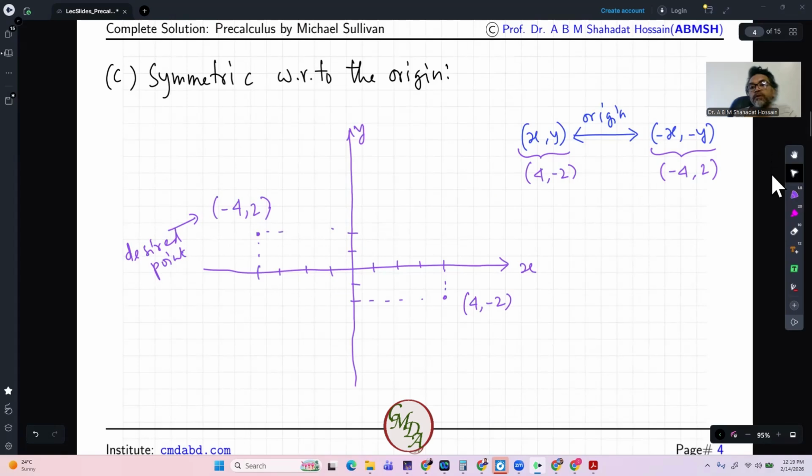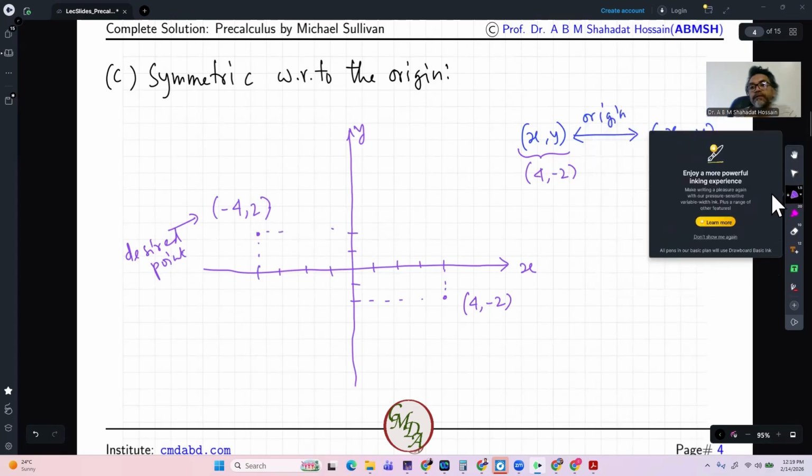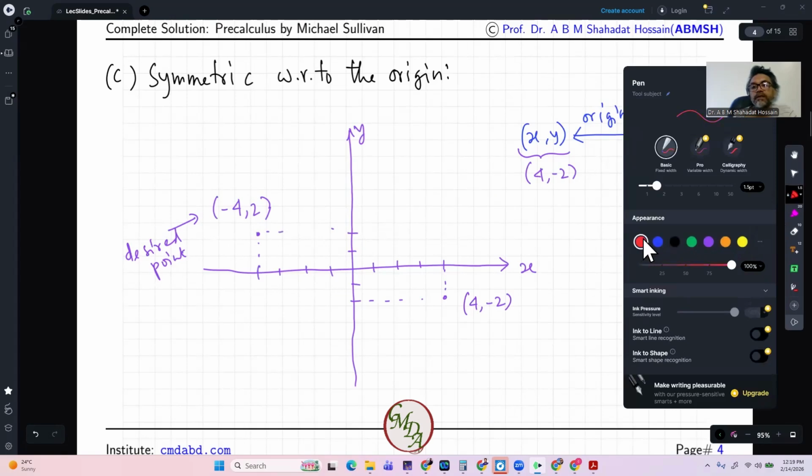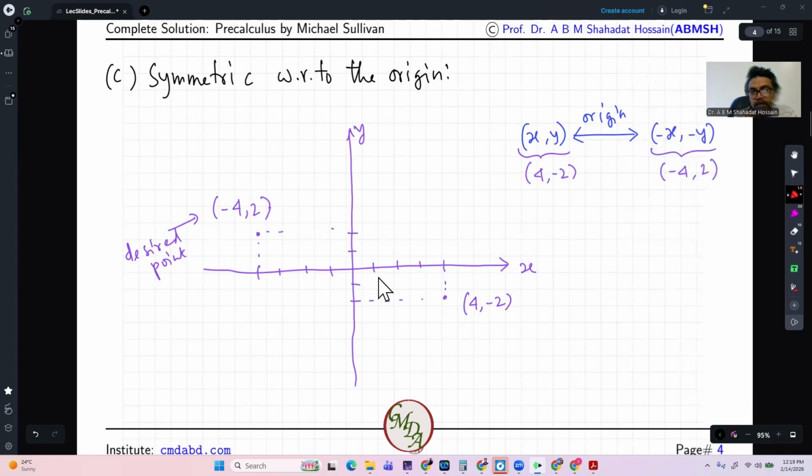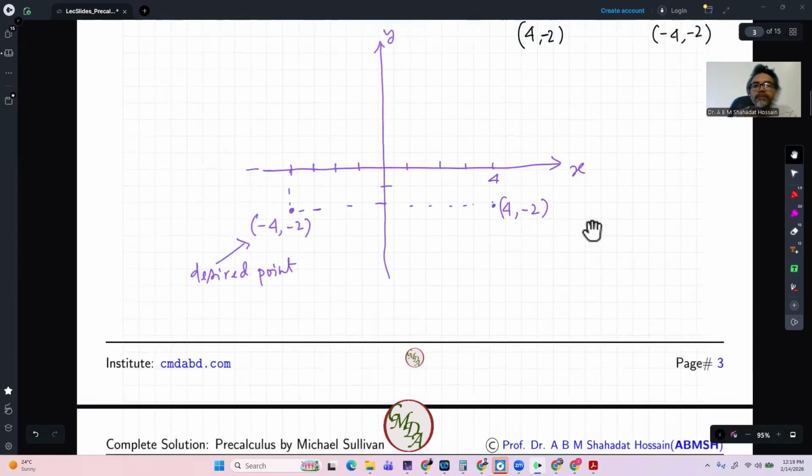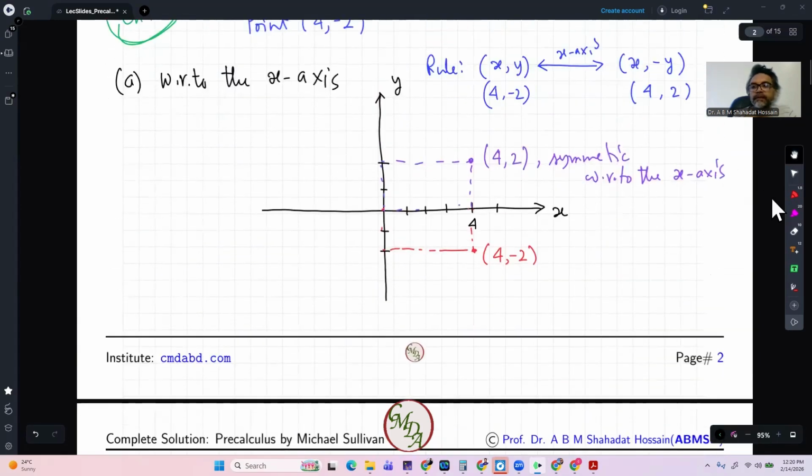A little more discussion: in this case, it is symmetric with respect to the origin, and the distances from the origin are equal. If it is symmetric with respect to the y-axis, it has the same distance from the y-axis, and if it is symmetric with respect to the x-axis, it has the same distance from the x-axis.